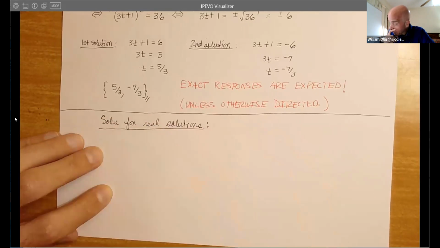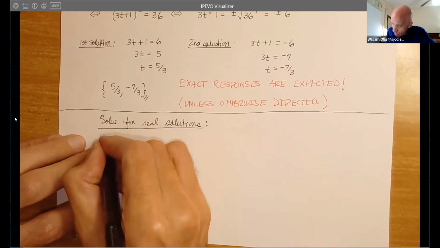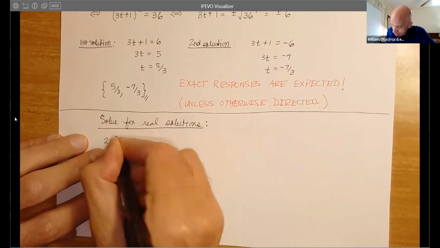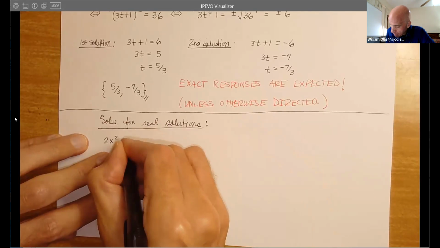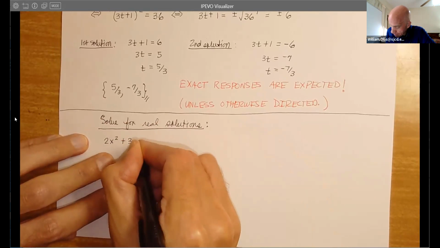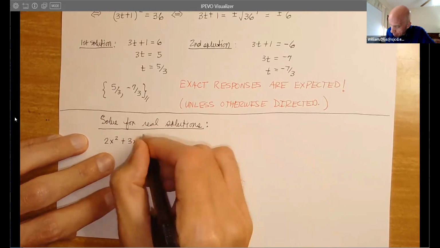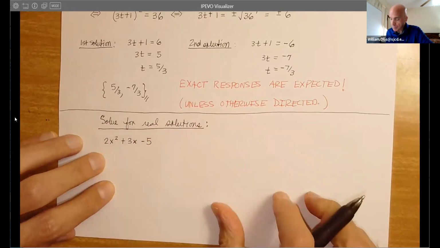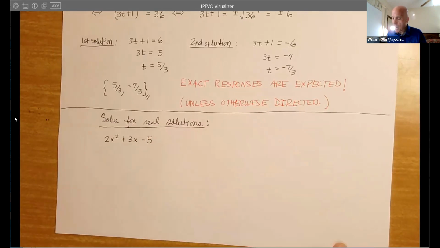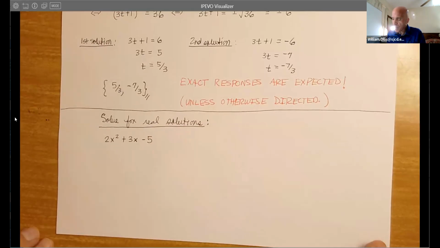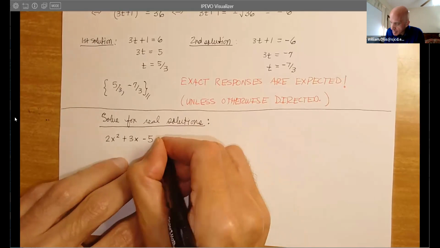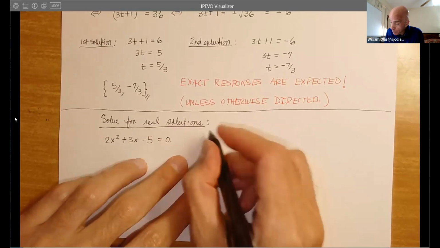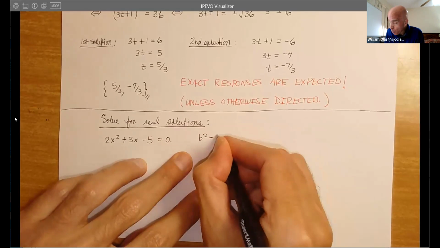So here's what we do. Let's use x now. So we have 2x squared plus 3x minus 5. Now, we'll set this equal to 0. First, I'm going to look at the discriminant, b squared minus 4ac.